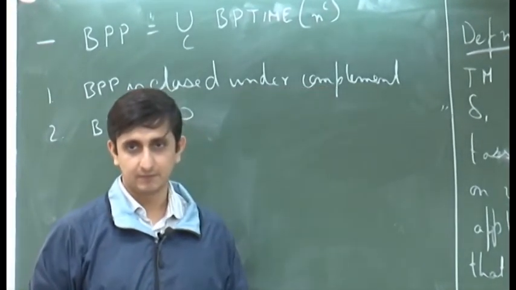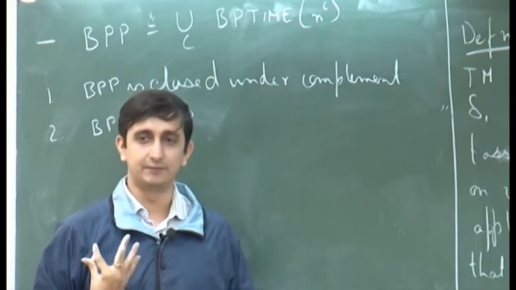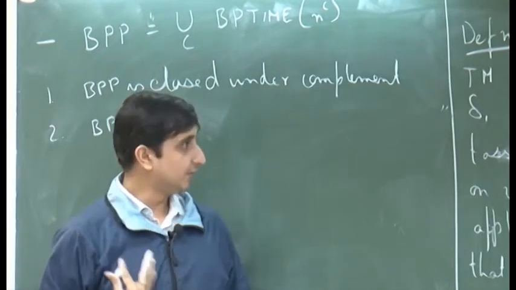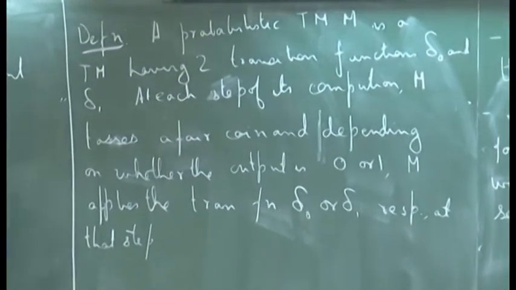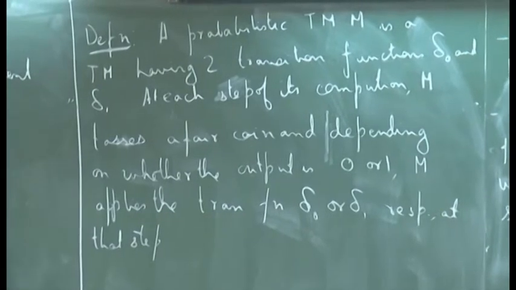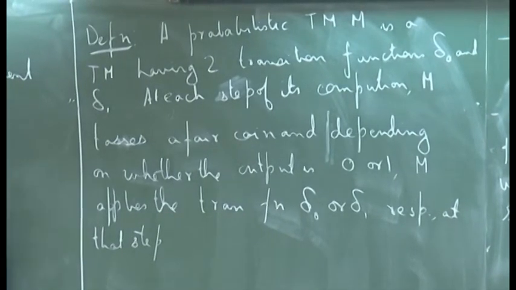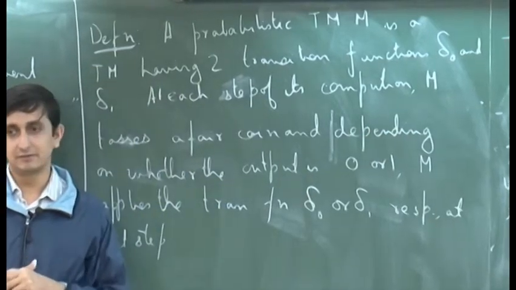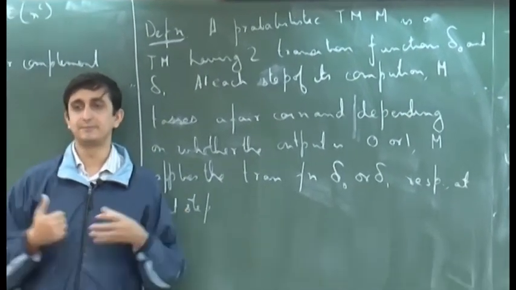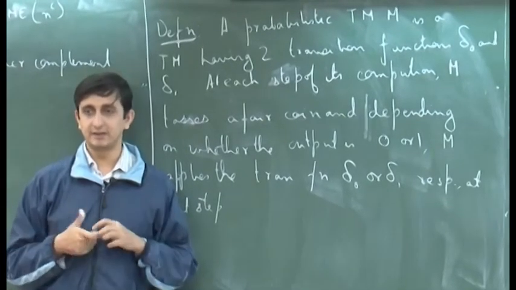Okay. Because what is a probabilistic Turing machine? It is a Turing machine which has two transition functions. If you look at a deterministic Turing machine, it can again be treated as a probabilistic Turing machine, where both delta 0 and delta 1 are the same transition function. It uses the coin toss and it uses the same transition function irrespective of what that value is.